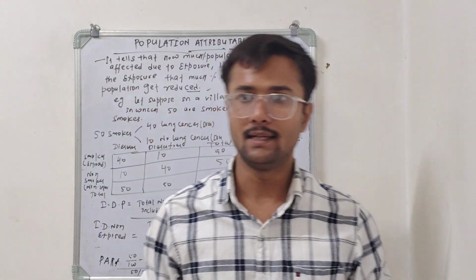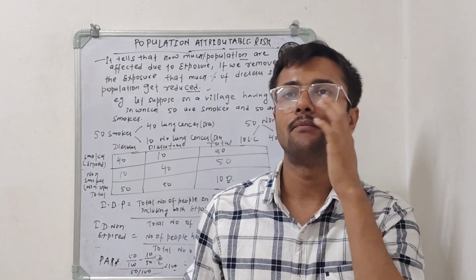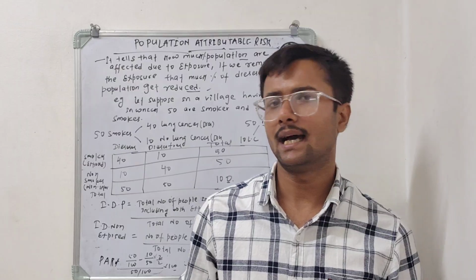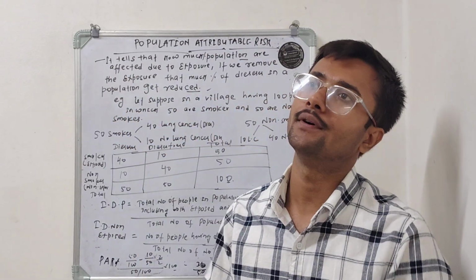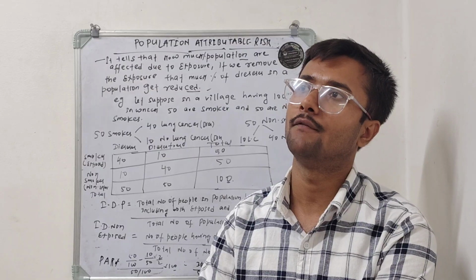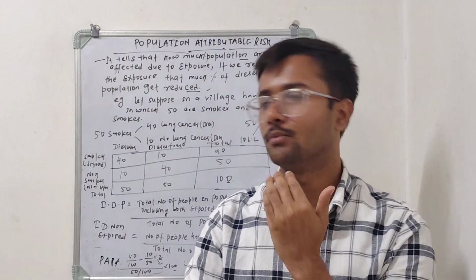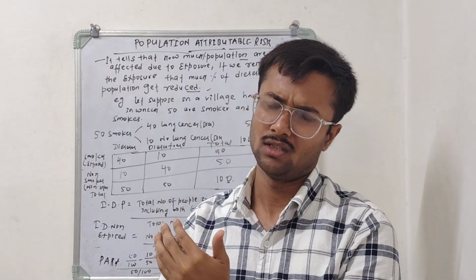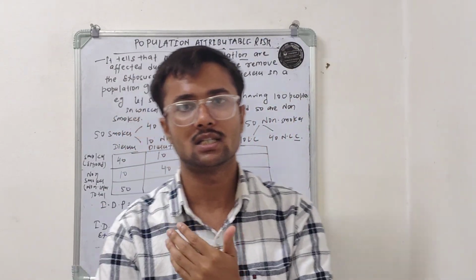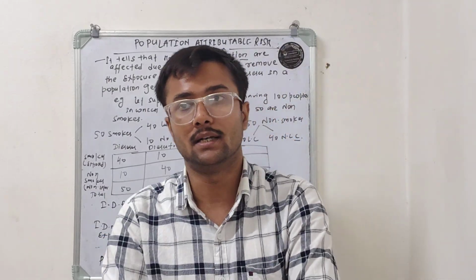Let's suppose in a city, people have exposure to lead poisoning. What happens due to exposure to this lead poisoning? Sixteen percent of the people in that city develop anemia.